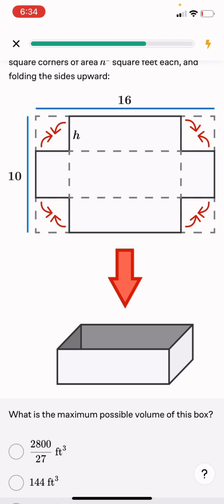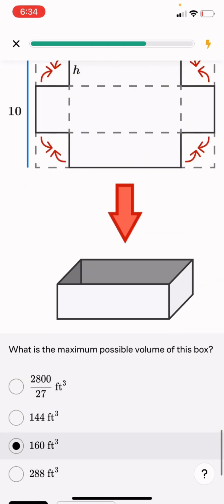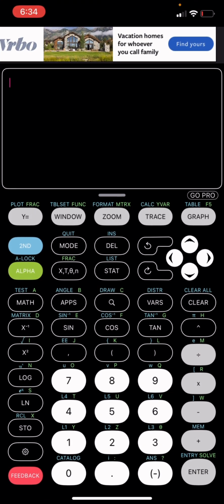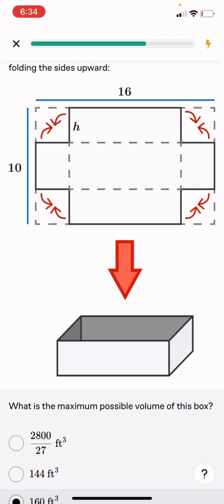12 times 6. We'll calculate the height. X would be, let's say, the length. And this would be 2. It's 24 for that.